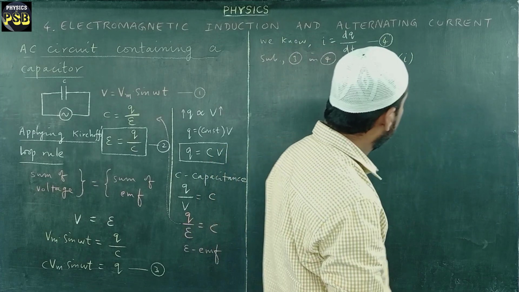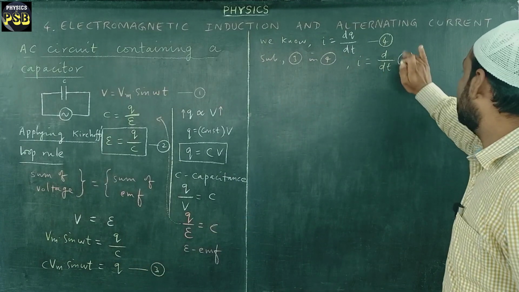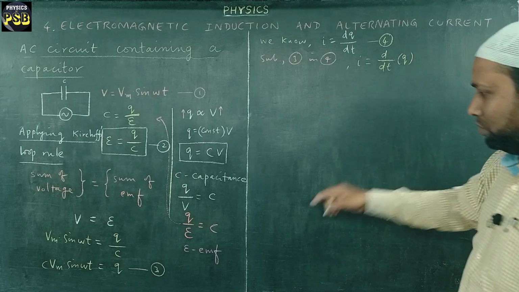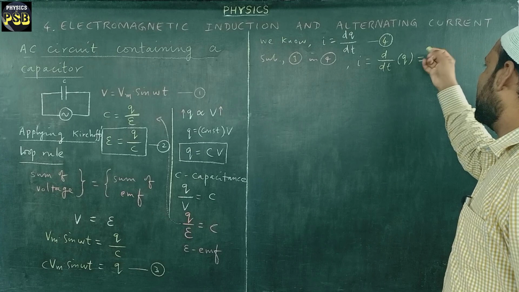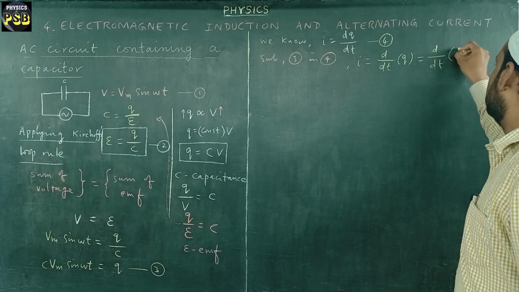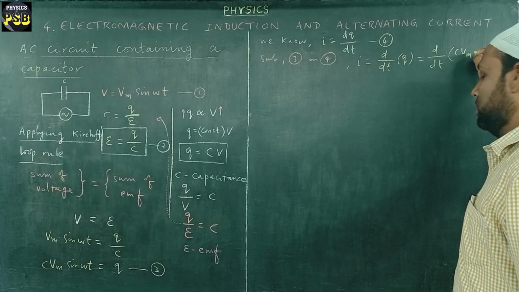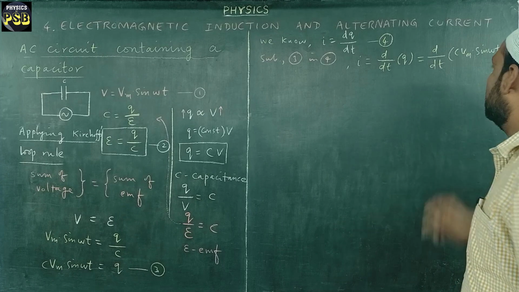Here we know the value of Q from equation number 3, which I am going to substitute here. What I will get is I equals d upon dt of CVm sin omega t.